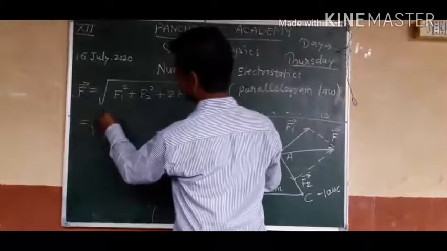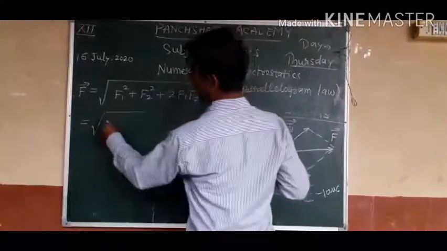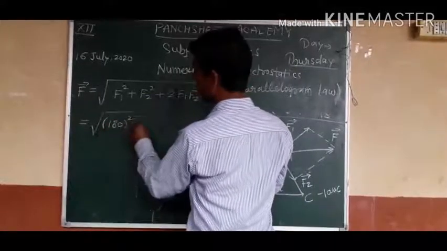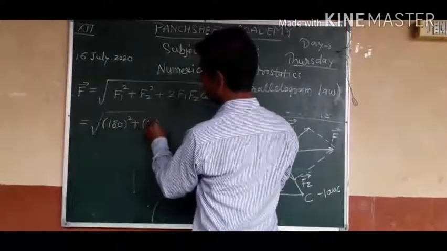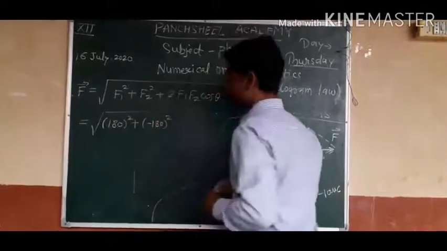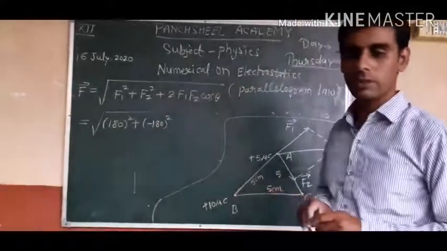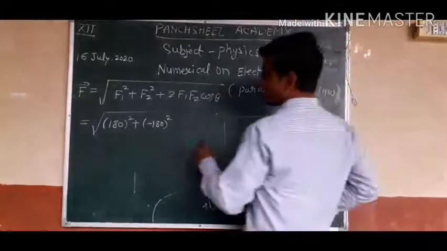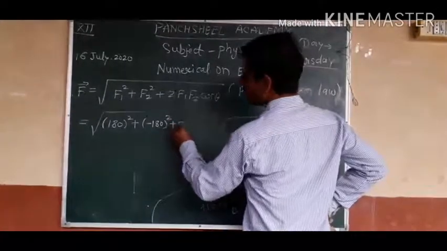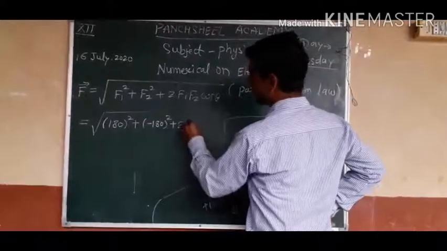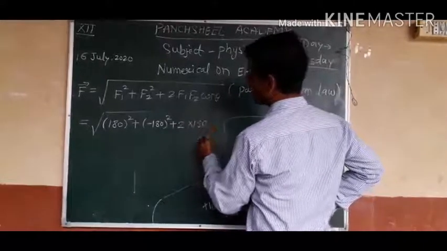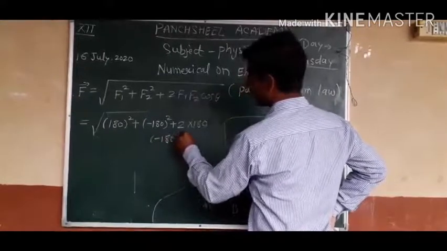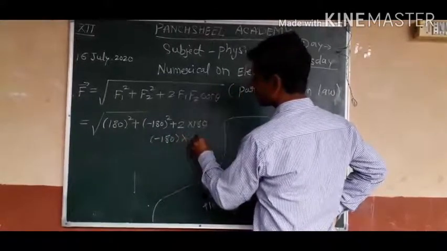If you put here, then 180 Newton whole square, and also minus 180 whole square, and 2 F1, 180 and minus 180 and cos theta.